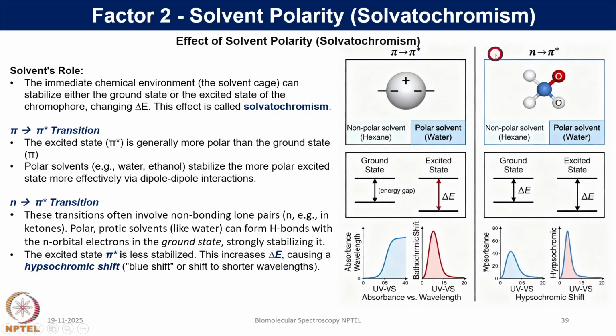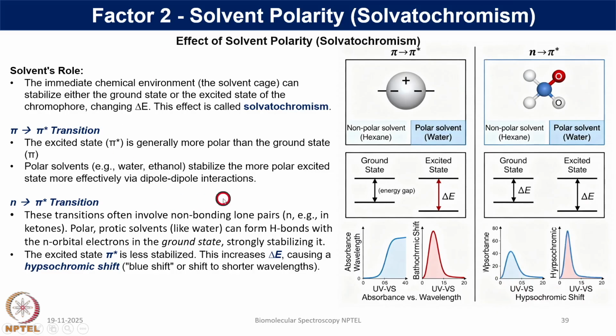For pi to pi star absorption and n to pi star absorption, non-polar is like this, and in polar solvent it changes. In those cases, what is going to happen? You shift it because delta E has increased. So the shift is happening because delta E is increased, towards the blue range, and that is called hypsochromic shift.